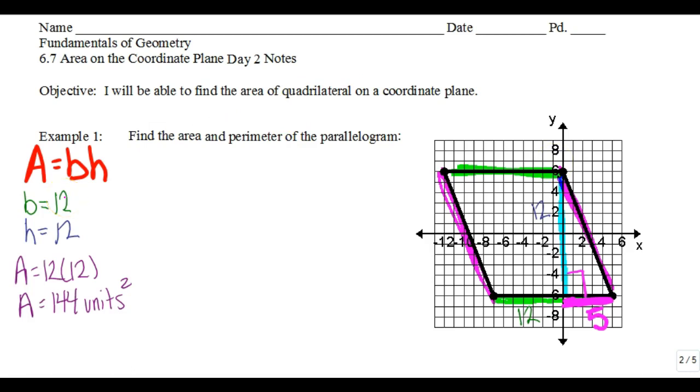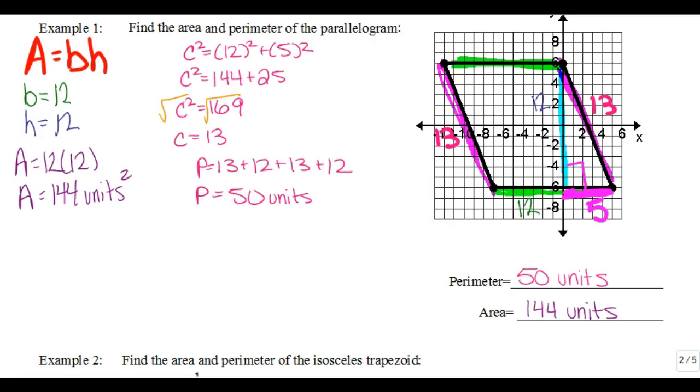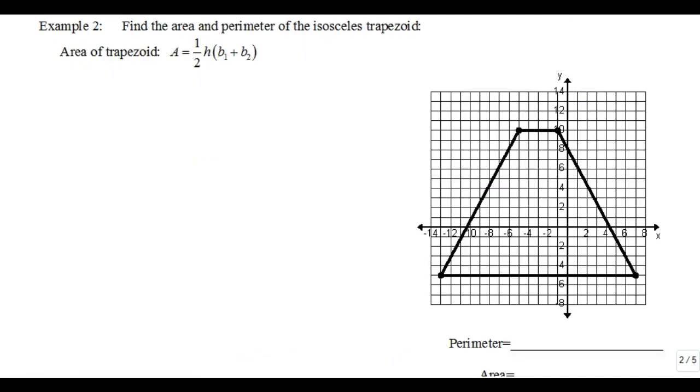So now we can do the Pythagorean theorem to find that slanted side length. We get that that slanted side length is 13 units. So we'll get the perimeter by adding up the green sides and the pink sides. To summarize, our perimeter is 50 units. Our area is 144 square units.